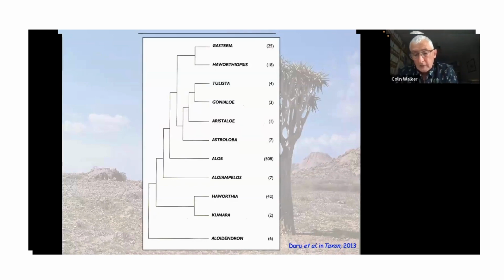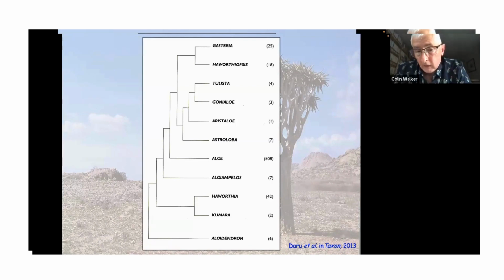And in 2013, using the molecular data from Daru, Ronno, Clopper, and Gideon Smith split aloe into a small number of separate genera, one of which is Aloidendron. You can see Aloidendron at the bottom there.